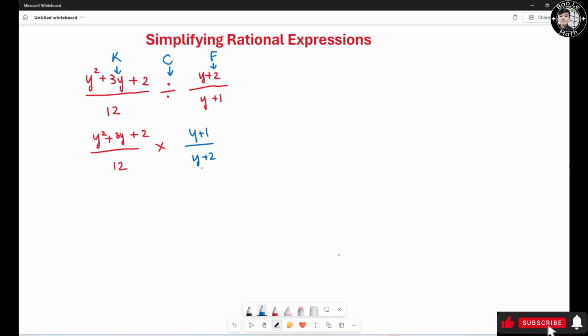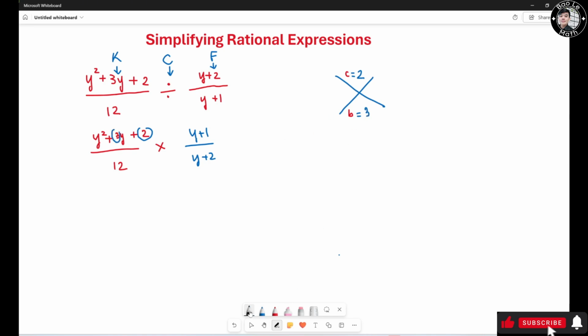Now it's very simple. You need to factor the numerator, right? So y squared plus 3y plus 2. I use the S method. I factor this guy out. Right here I put C, this guy I put B. C equals 2, right? So 2 right here, and B equals 3, right?